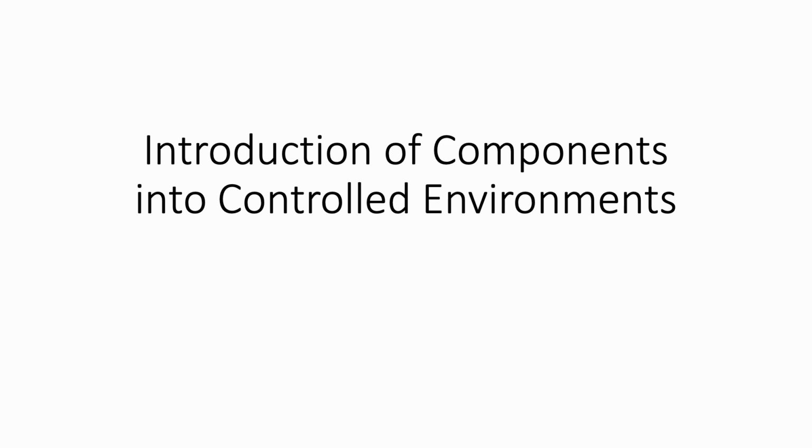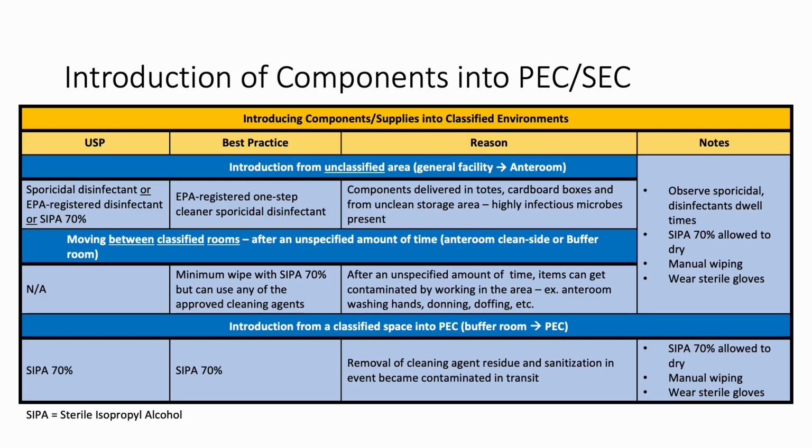When it comes to introduction of components into your controlled environment, it's an extremely important topic because we are only going to be as clean as things being put into that room. This chart describes the USP minimum standards for introduction of components into your rooms from an unclassified area or even between classified areas, and compares it to what we would consider the best practice and the reasoning why for the difference.